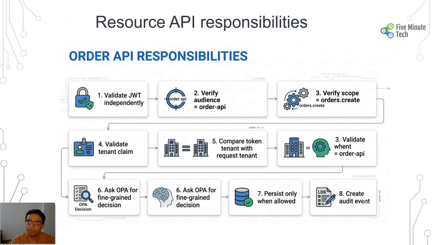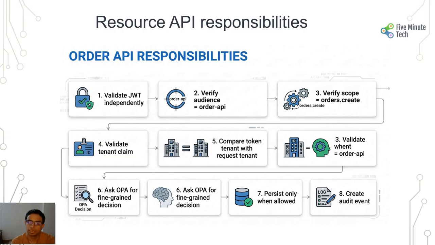Now, the resource API responsibility that we have been talking about. What is the responsibility of an API like the order API? The order API is the owner of its own order resources. Therefore, it makes the final application-level enforcement decision. It validates the JWT token, then it checks the request context. Does the token contain orders.create? Is the audience actually the order API?